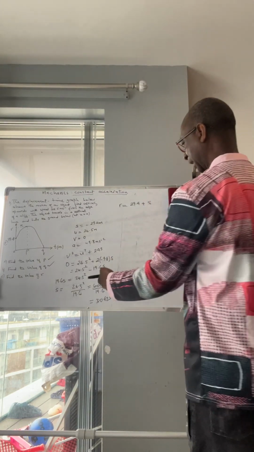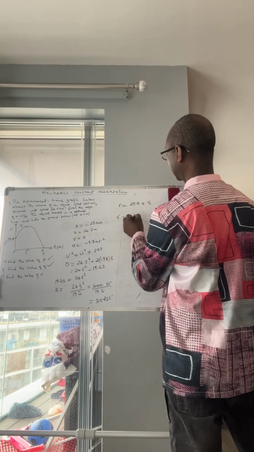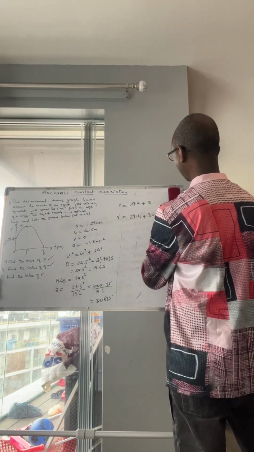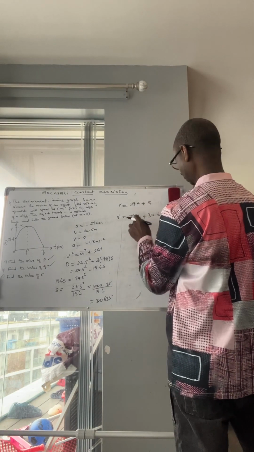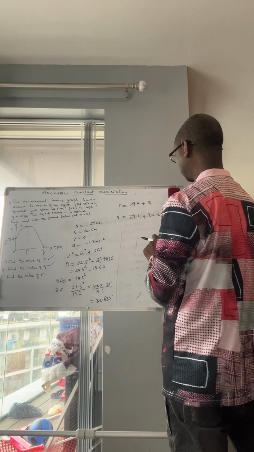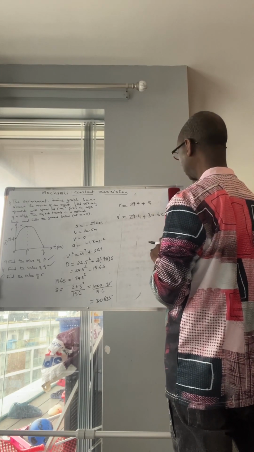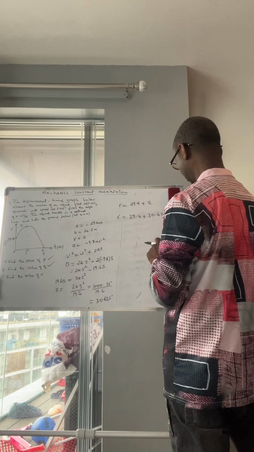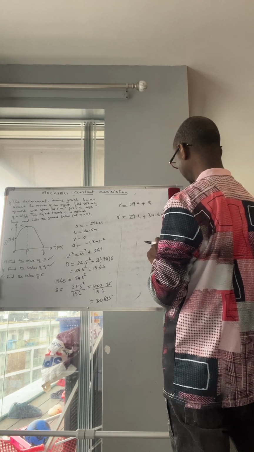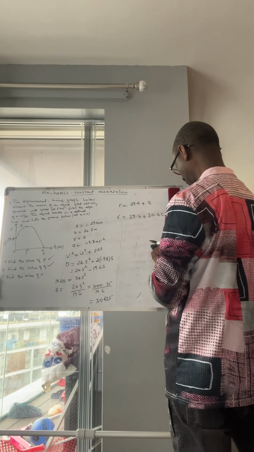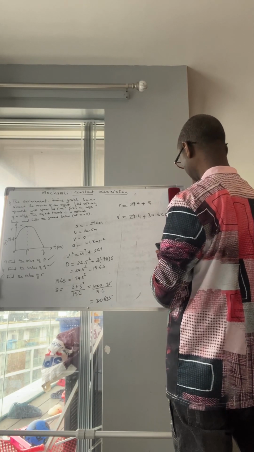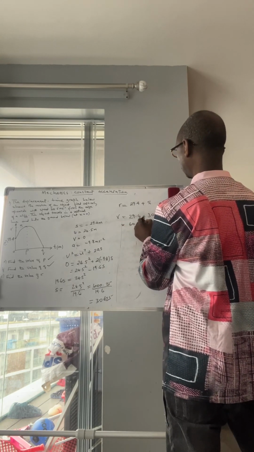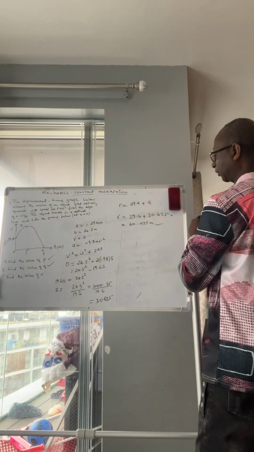That is S. And so therefore R is now 29.4 plus 30.625 in meters. So if you add the two, 29.4 plus 30.625, this gives you 60.025 meters, and that is the value of R.